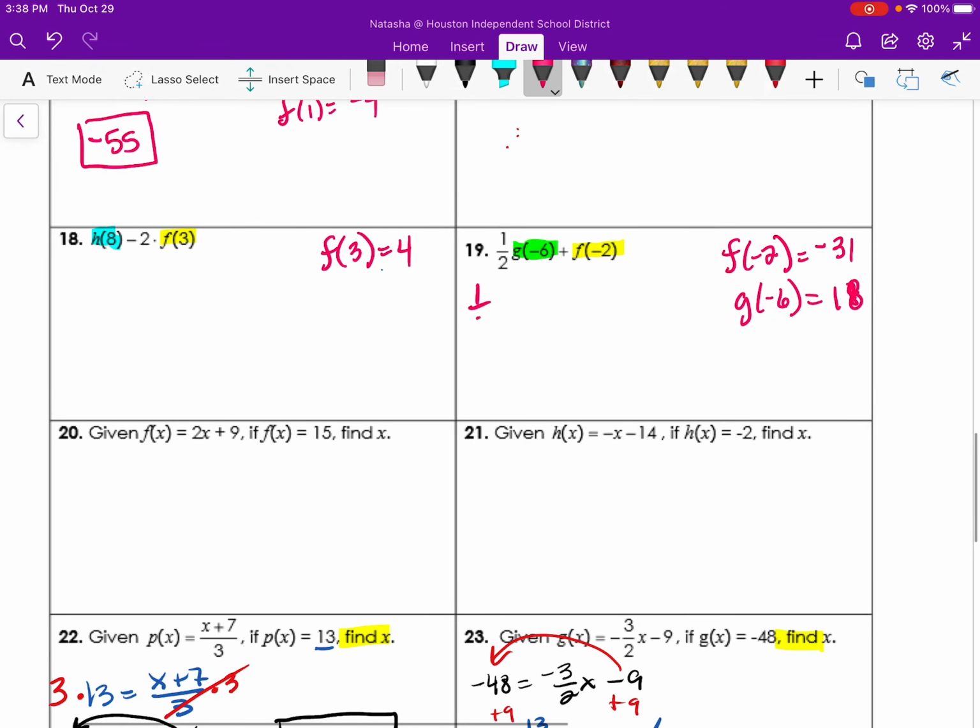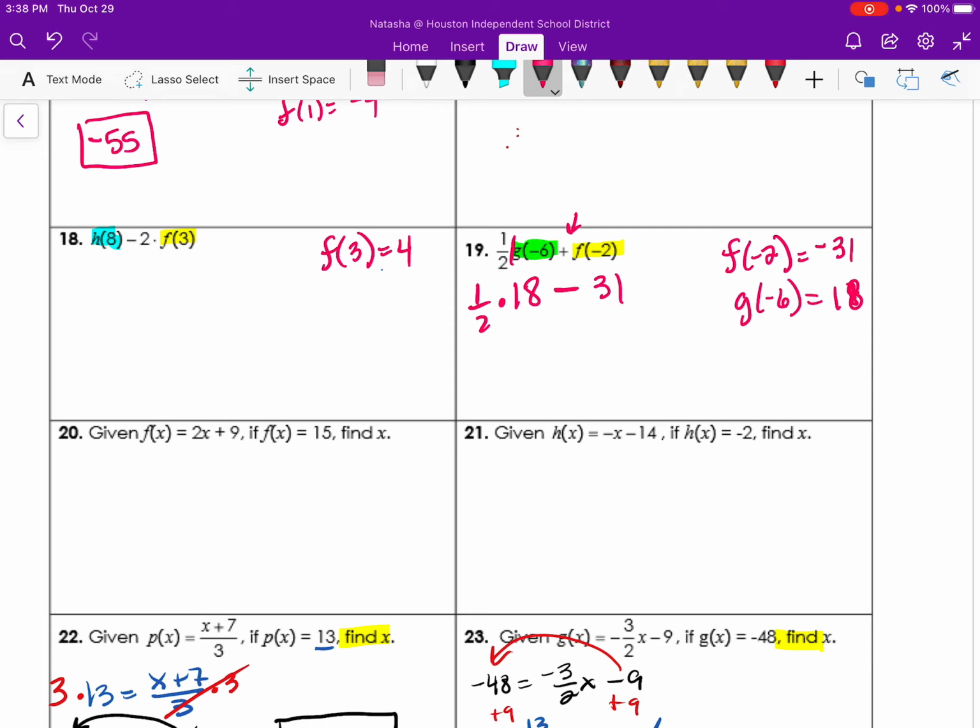So this says 1/2. Since it's in front of the g of x, that means it's times that g of x. And that's g of negative 6. We said g of negative 6 is going to give me 18. Then that's adding f of negative 2. F of negative 2 is equal to negative 31. Now this is plus negative 31, so that plus and minus becomes minus.